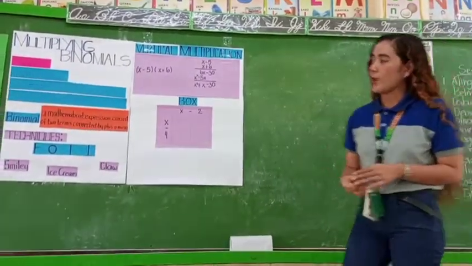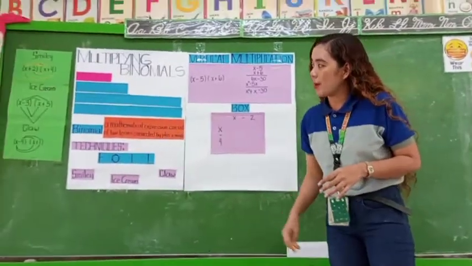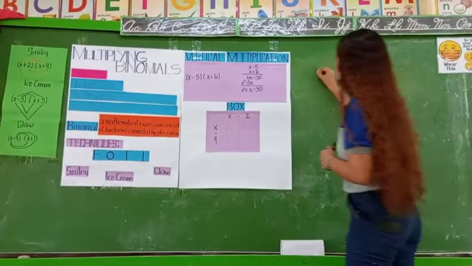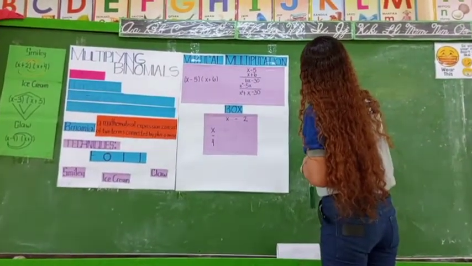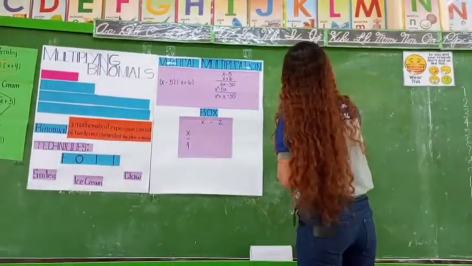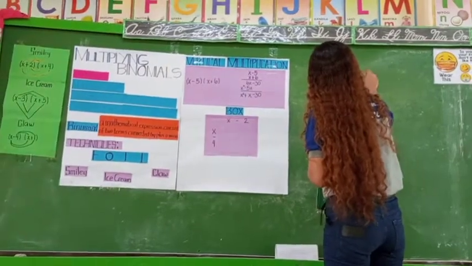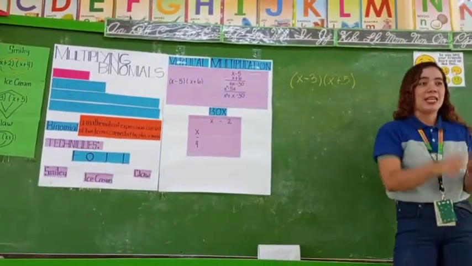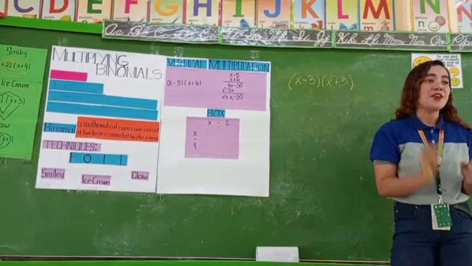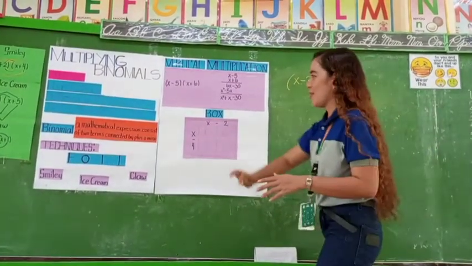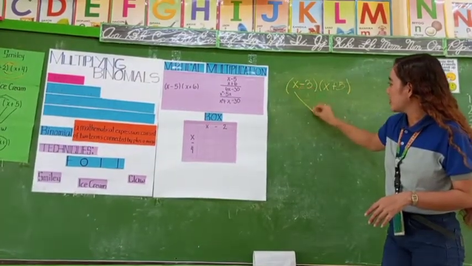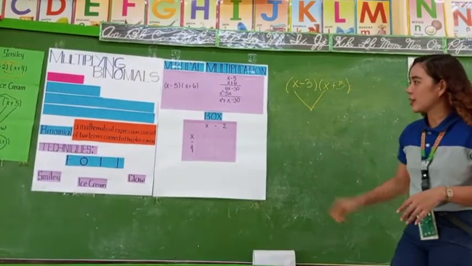The second part, we have the ice cream method. So the ice cream method, we have there x minus 3, x plus 5. So yung ice cream method is just like the cone. Yung pag-v, yun yung sa ice cream method. So, first term, we have x and then the x.